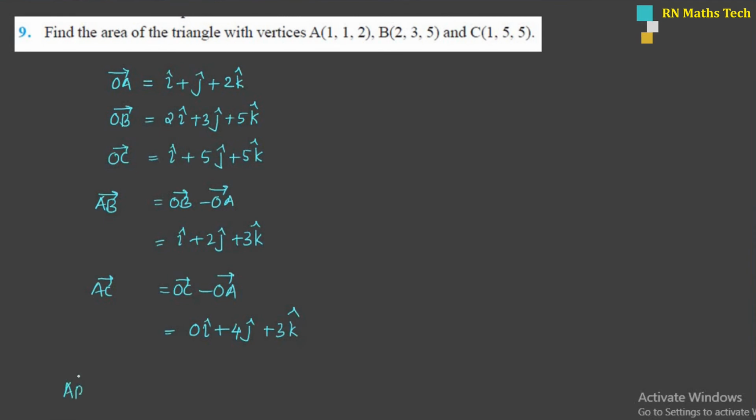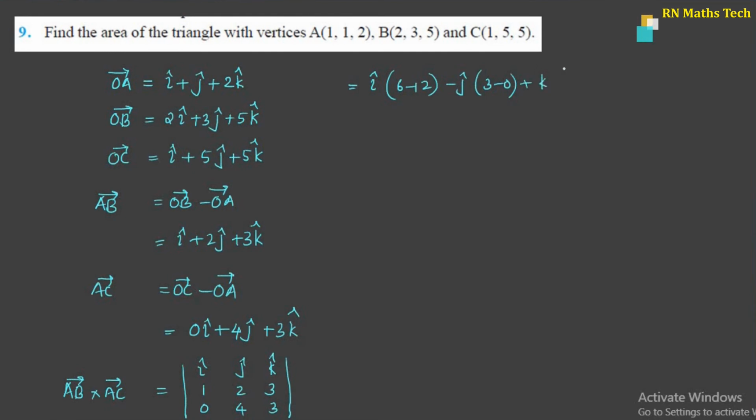Vector AB cross vector AC is equal to determinant i j k. Components of AB are 1, 2, 3, and AC 0, 4, 3. Expanding, that's equal to i into 6 minus 12, minus j into 3 minus 0, plus k into 4 minus 0.